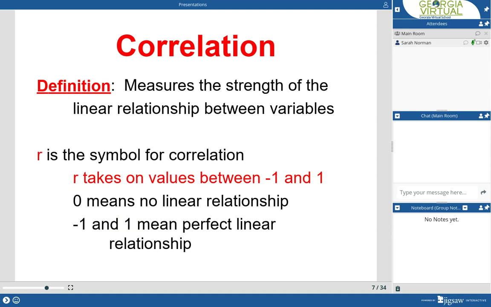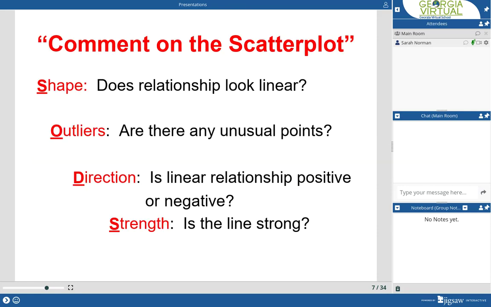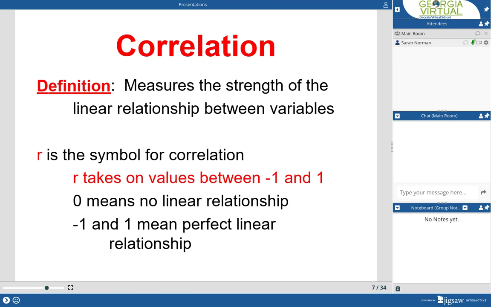Correlation measures the strength of the linear relationship between the variables. This goes along with that last one in the list here on strength. So to measure the strength, you could actually find the correlation coefficient. R is the symbol for correlation, and it takes on values between -1 and 1. 0 means no linear relationship.